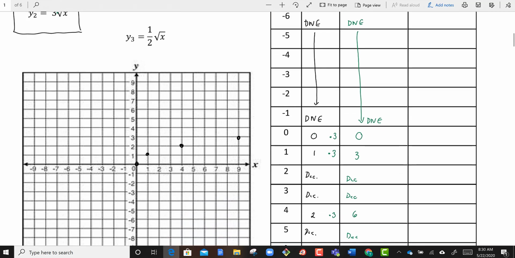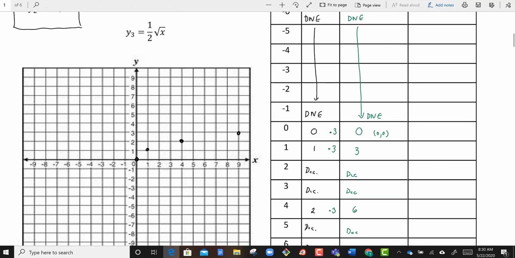All right, and then graph those points. The points I have here are 0, 0. I have 1, 3. I have 4, 6. And I have 9, 9. So I have those 4 points graphed, and then I'm going to connect them with a nice smooth curve the best I can.